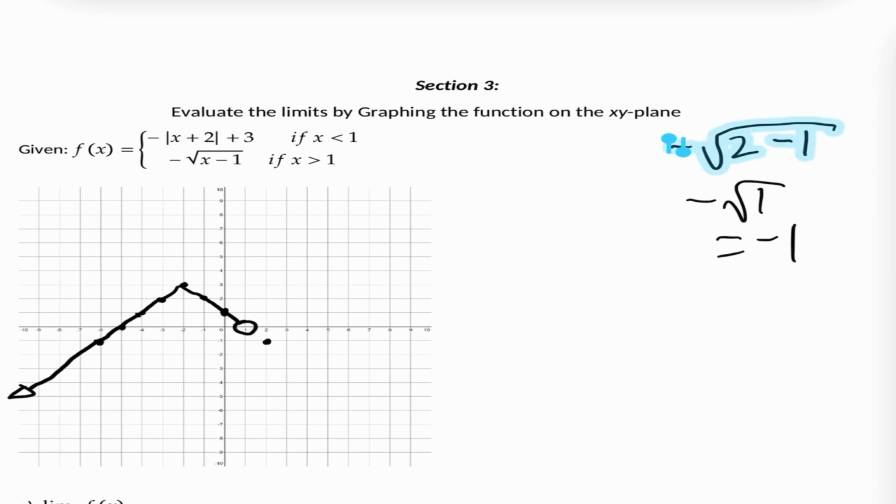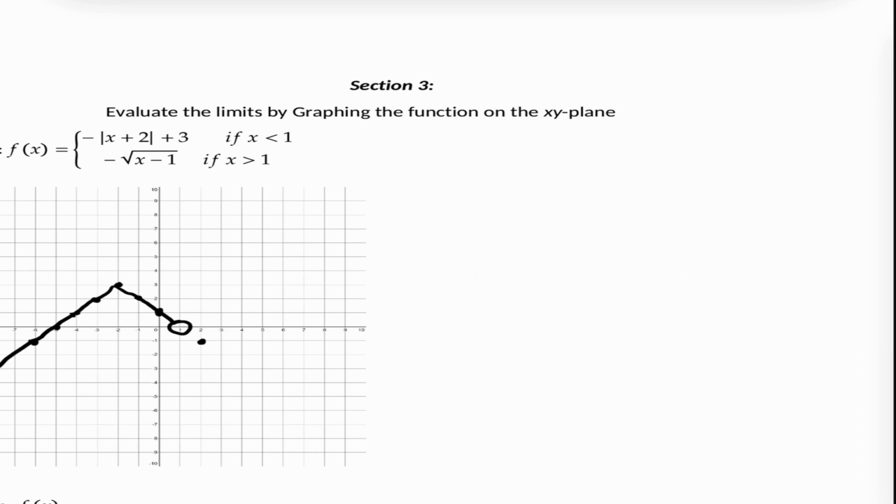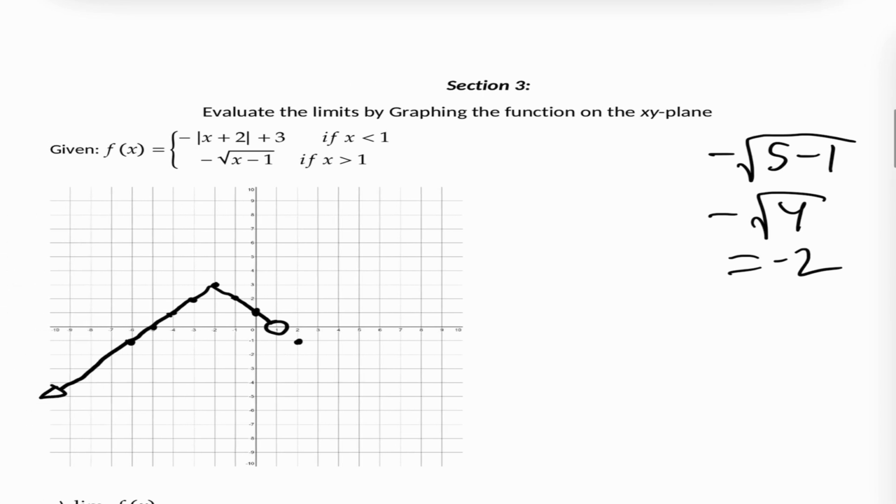Let's plug in one more point. Let's plug in 5 this time. This will get us -2, so there will be a point at 5, -2. This will be the line for our second equation.